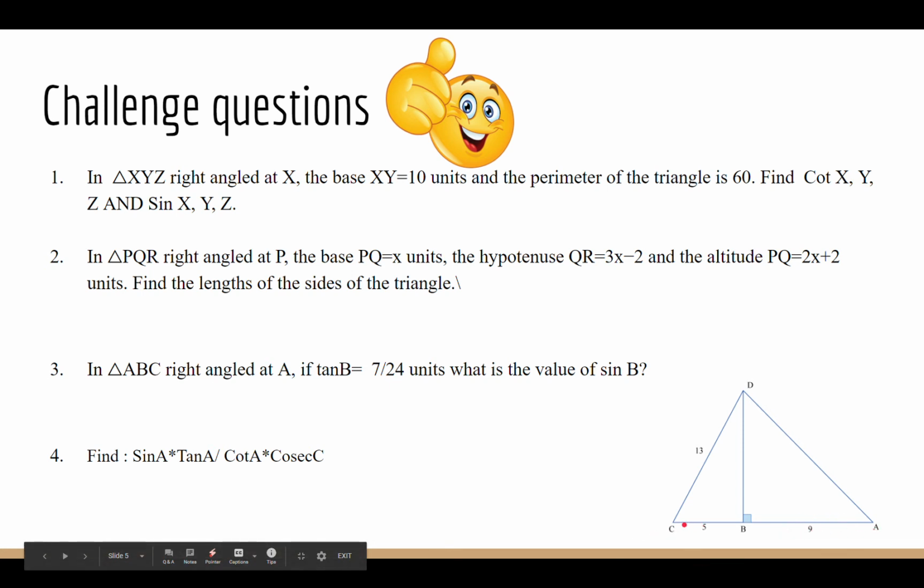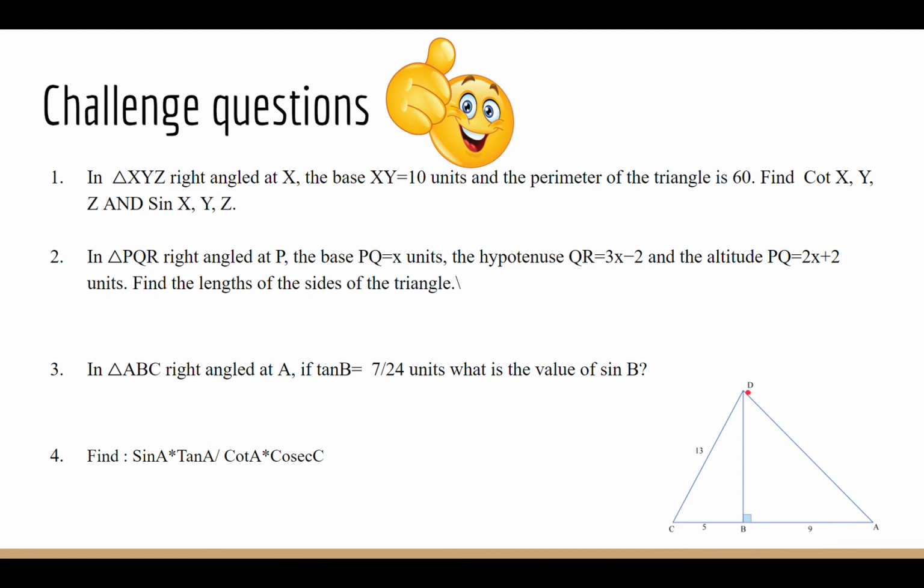You might be wondering that tan A has two opposites, this and this, but you would be using only this, the line DB. If you see the other triangle, triangle CBD, the opposite to 13 is B, and it's a hypotenuse, so angle A can't have the hypotenuse of another triangle as its opposite.